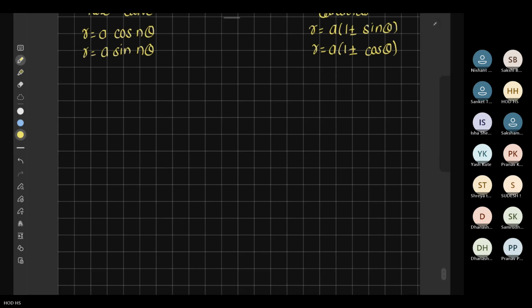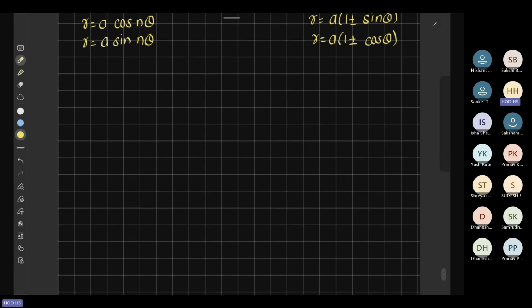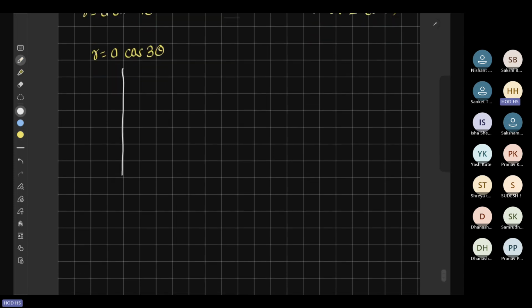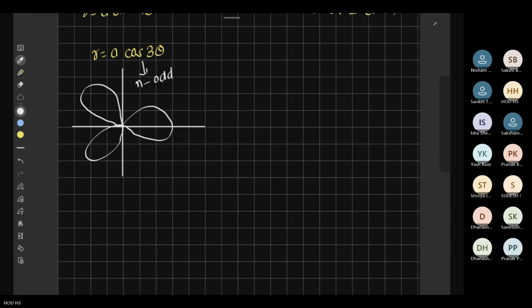Okay. So for r is equal to a cos n theta, we'll discuss some particular cases right now. So consider 3 theta, odd angle. For odd angles, we'll have a loop like this, and like this. So we'll have 3 leaves. For n odd, we have n leaves.